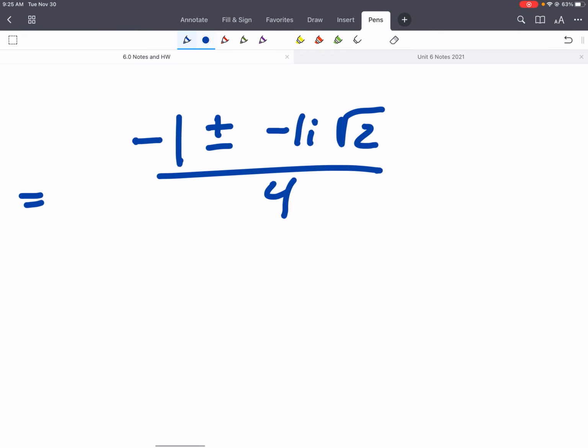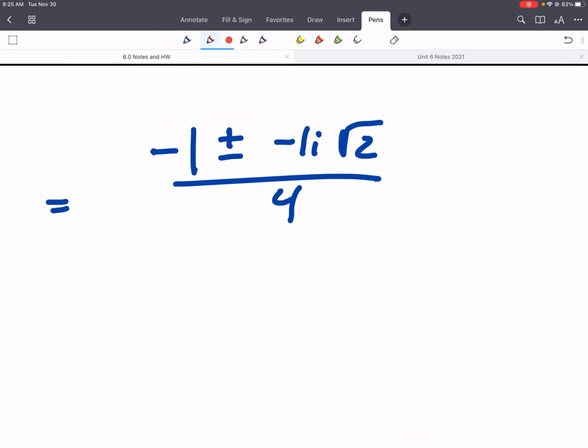Okay? And then let's simplify a little bit more. This is what I want to talk about here, plus or minus a negative. If we do plus a negative, that just gives you a negative. And if we do minus a negative, that gives us a positive. So basically, if we do plus or minus a negative number, that really is the same as doing plus or minus 1.